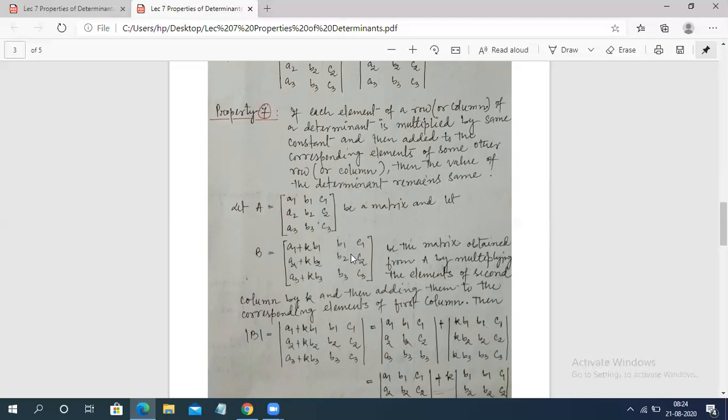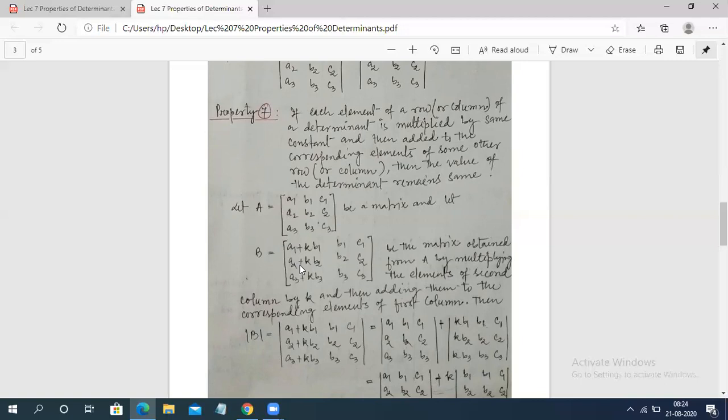That means B is the matrix obtained from A. But how is it obtained? First, you multiply each entry of C2 with K, and then you add those terms to the corresponding terms of C1. Then the determinant values of A and B will remain unchanged.